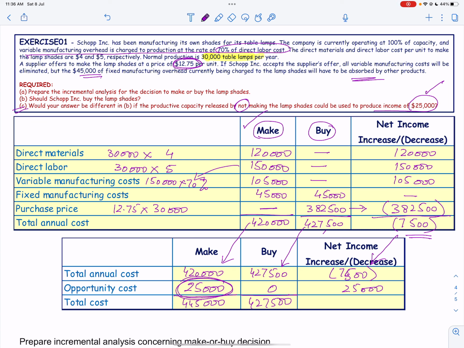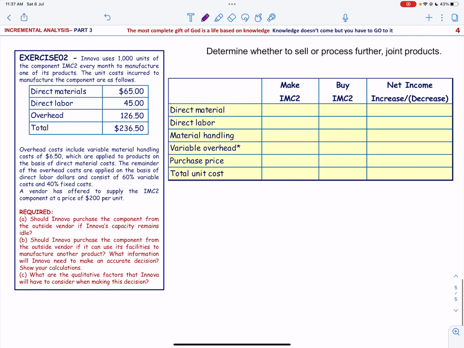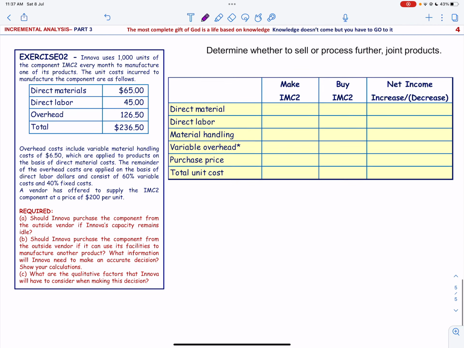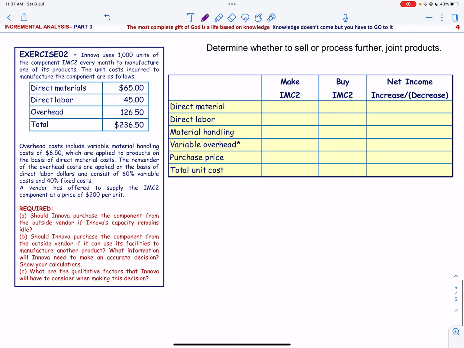So if we now go to buy the product, there will be a cost savings of 17,500. So if they can produce income of 25,000, now the company should purchase the lampshades, as you can see that the total savings will result in 17,500.